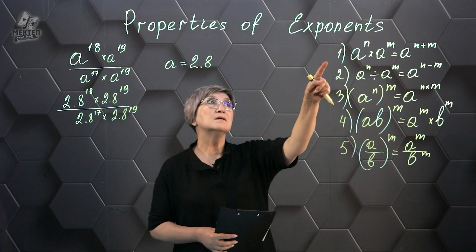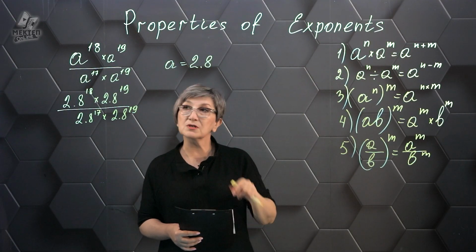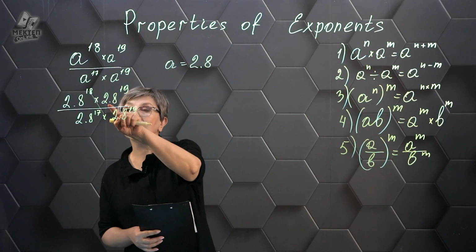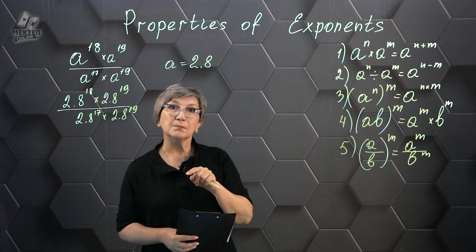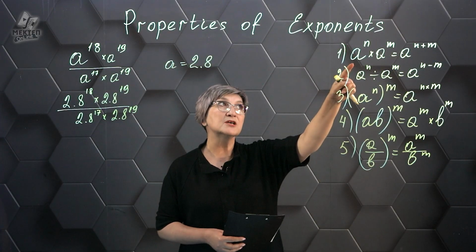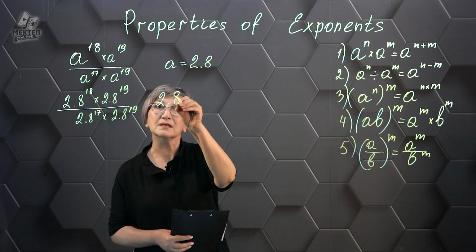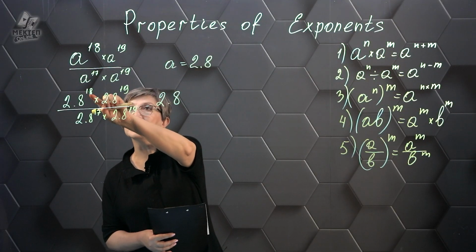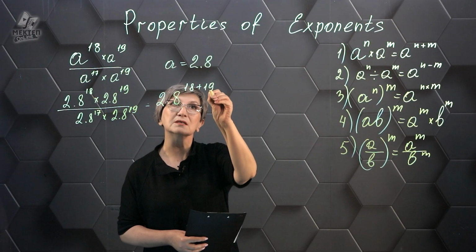In the numerator, we will apply the first property. Let's pay attention to the base. These are the same numbers, so we'll use our first property and write down 2.8 and add the exponents: 18 plus 19.